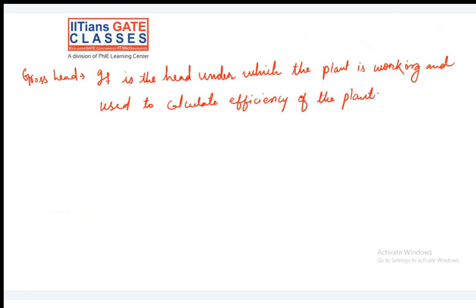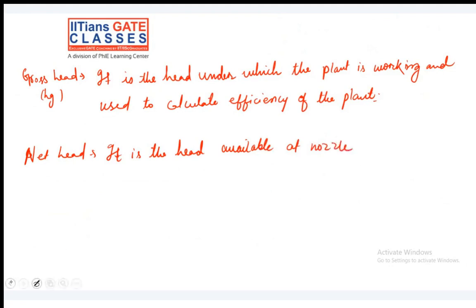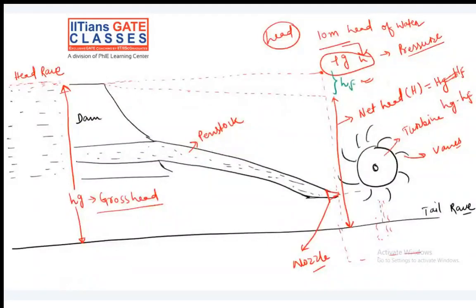Okay, now next, net head. The gross head is denoted by Hg, and net head is the head available at the nozzle. Yes or no? We have seen that at this nozzle part, this is where we have the total head.